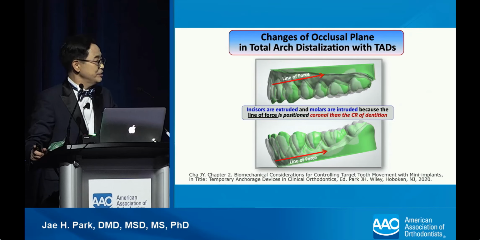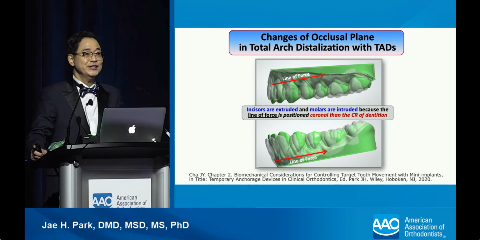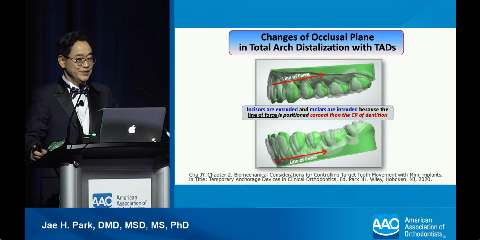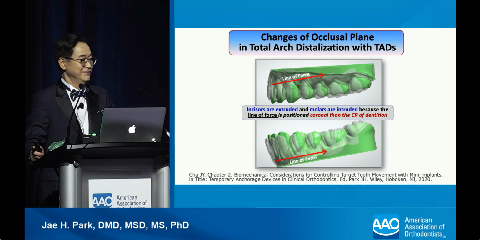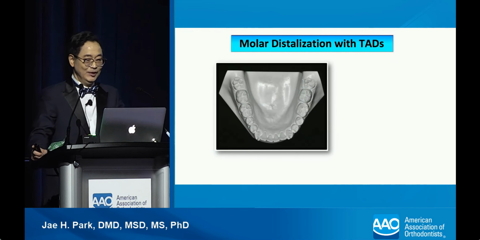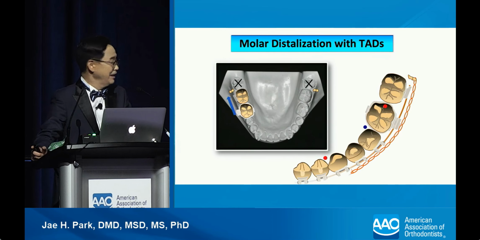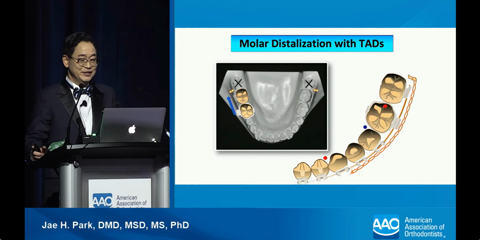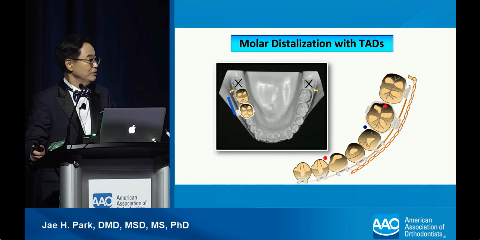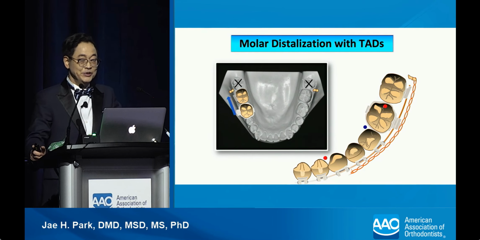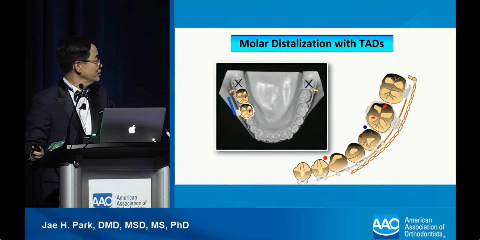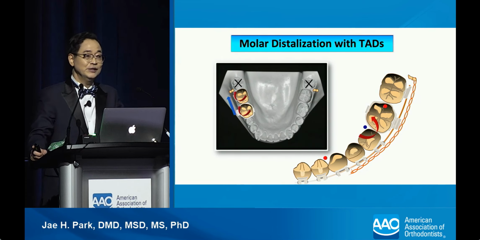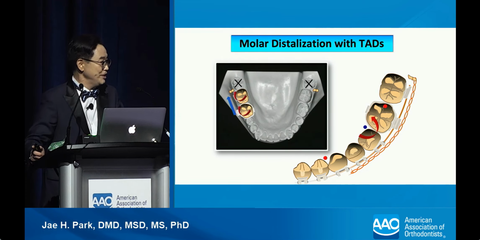During total arch distalization, the incisors are extruded and the molars are intruded due to the moment around the center of resistance. After extraction of third molars, you can choose the location for your mini screws. During distalization with mini screws, around the center of resistance, you can see distolingual rotation of the posterior teeth.